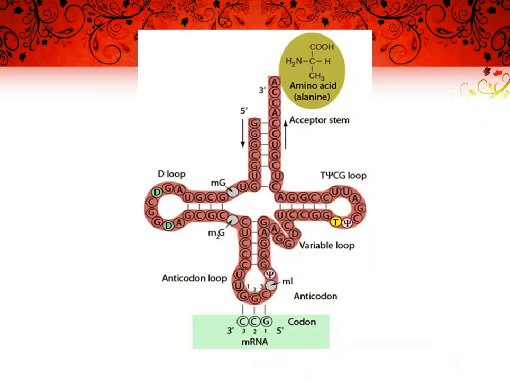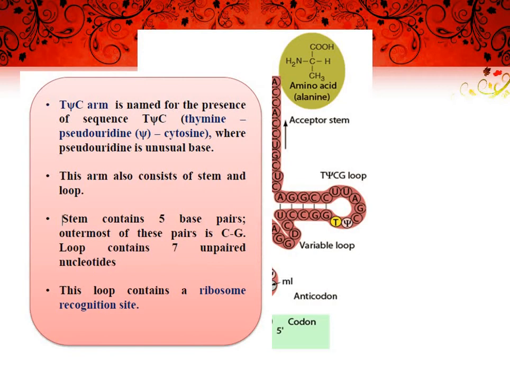Now, opposite to this DHU loop, there is the T-C loop. This T-C loop again has an unusual nucleotide, the pseudouridine nucleotide, and on either side of this pseudouridine nucleotide, there is a thymine nucleotide and a cytosine nucleotide.